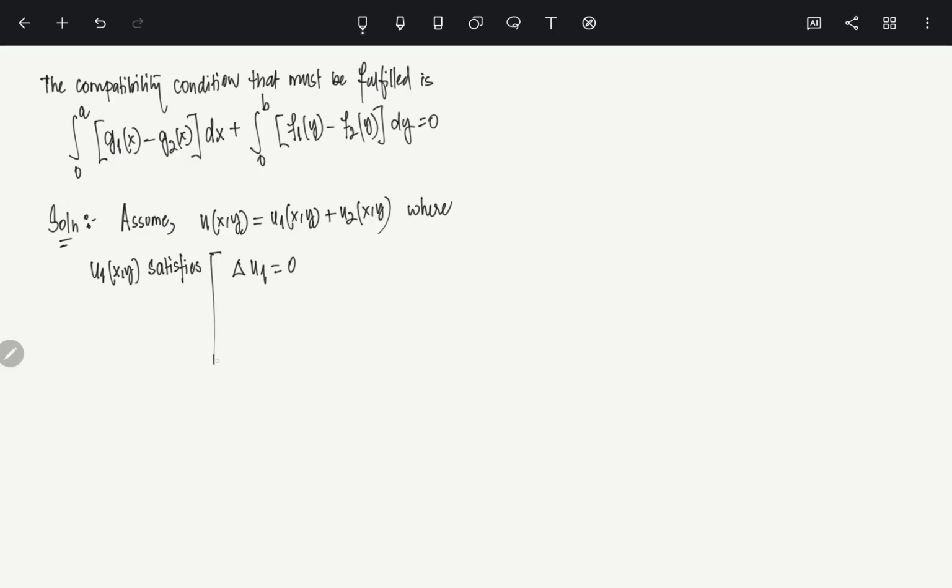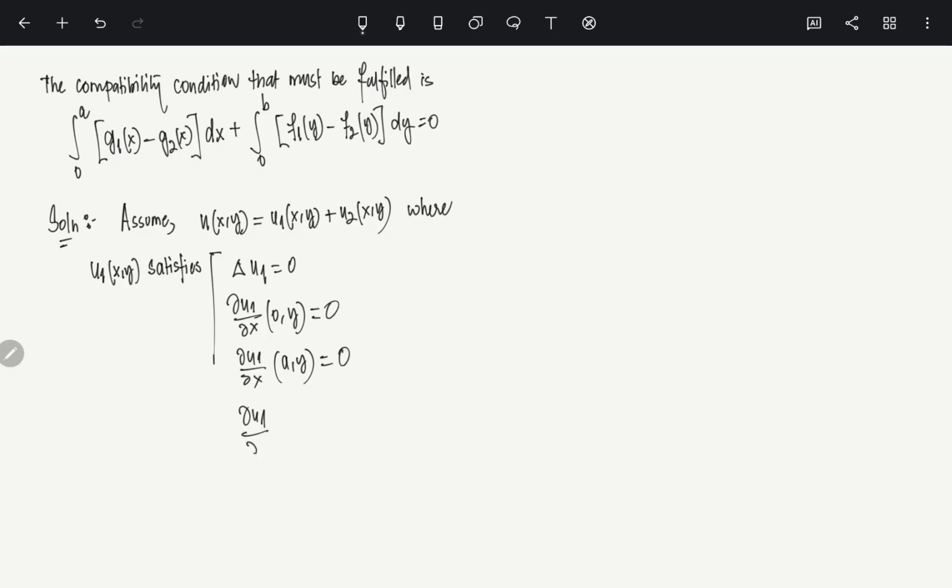And u1, how do I put it? Maybe I can write it like this. u1 with respect to x at the x equals 0 line is 0. u1 with respect to x at the x equals a line is also 0.